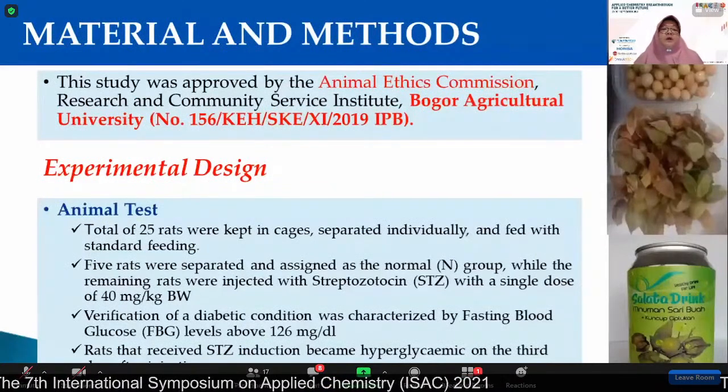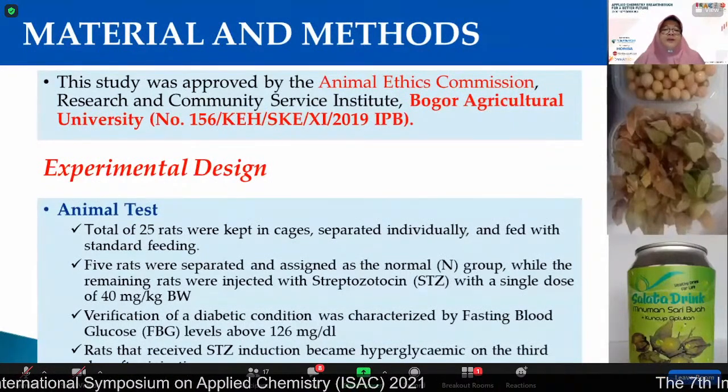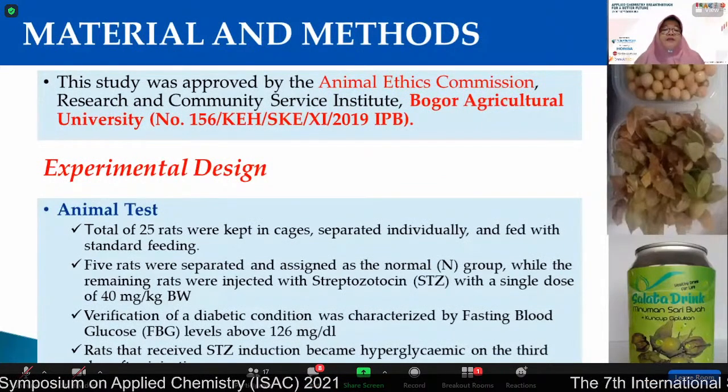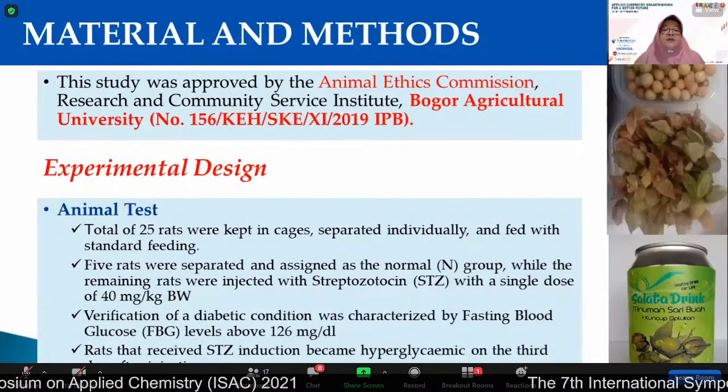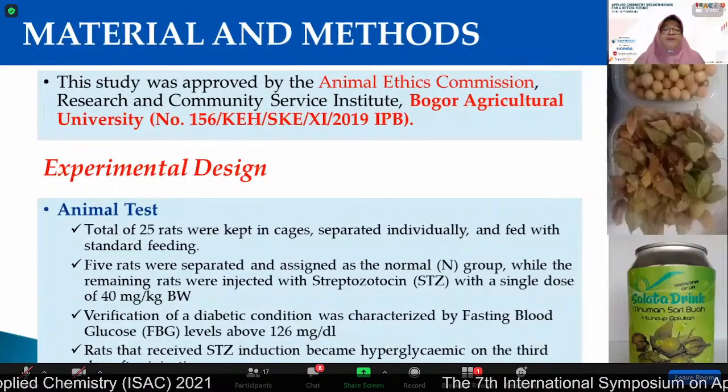This study was approved by the Animal Ethics Commission, Bogor Agricultural University. Experimental design: a total of 25 rats were kept in cages, separated individually and fed with standard feed. Five rats were separated and assigned as the normal group, while the remaining rats were injected with streptozotocin at a single dose of 40 milligrams per kilogram.